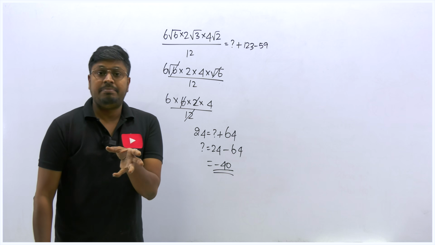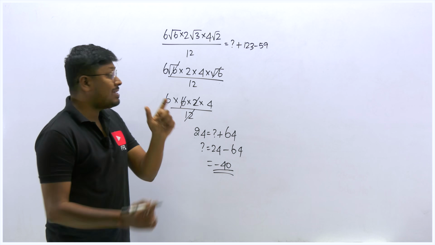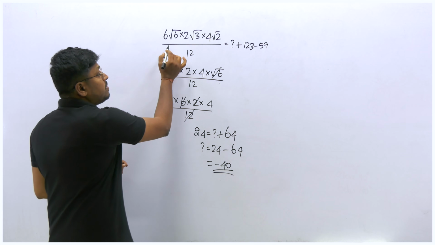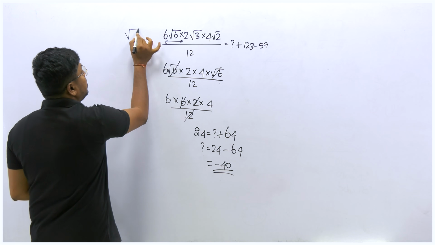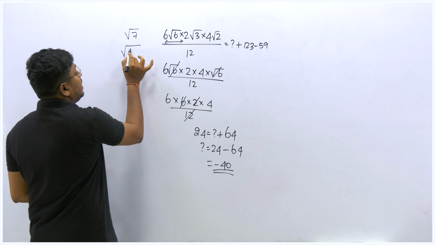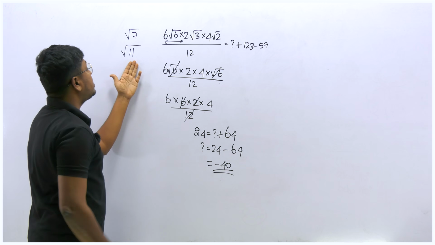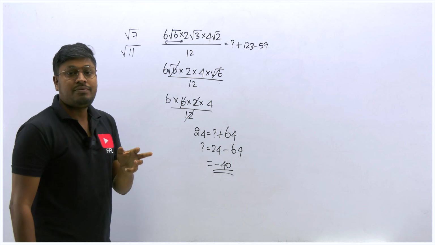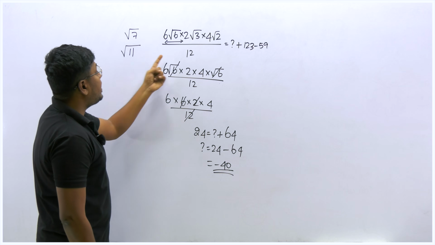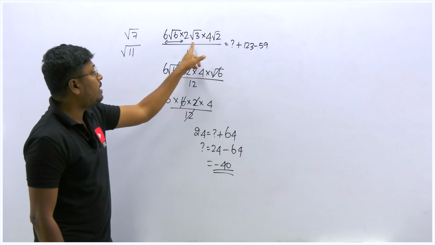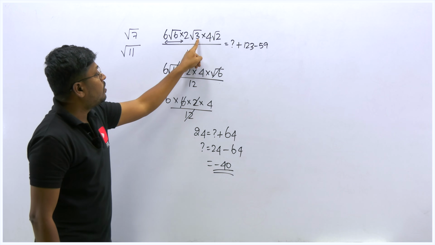In most of the simplification questions based on square roots, you can see these kinds of numbers: square root of 6, square root of 7, square root of 11. You can't take a square root of the number, so what you have to do is check whether multiplying any two of them gives the same number. Here we have root 6, root 3, root 2.